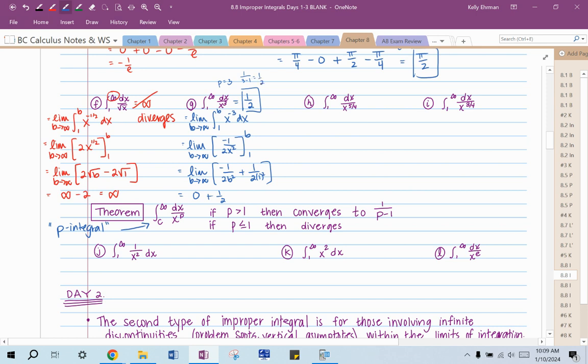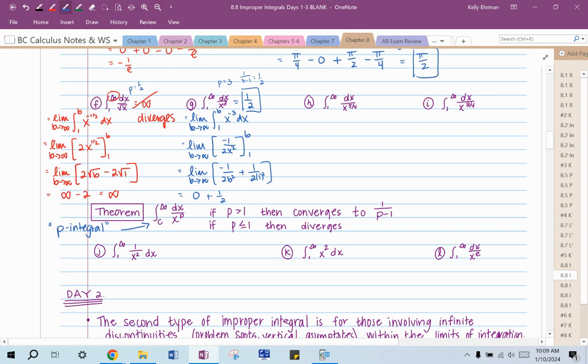So you're allowed to use this rule on the AP exam. It'll save you a lot of time. And we use it later in chapter 9 too. If this power is 1 or less, so 1 or a fraction less than 1, then the integral is going to diverge. So here p was 1/2 in the denominator, not negative 1/2, but what is it in the denominator? So it's 1/2. Therefore, we got divergence.